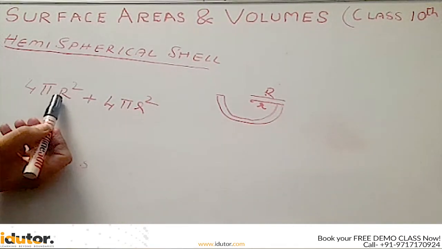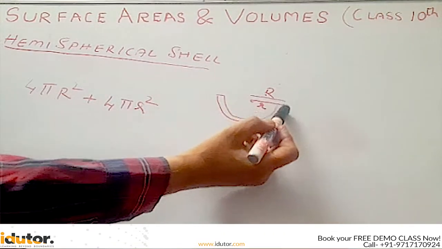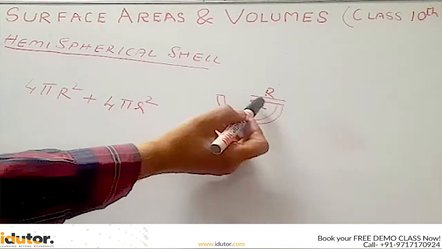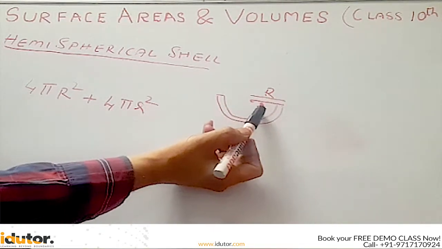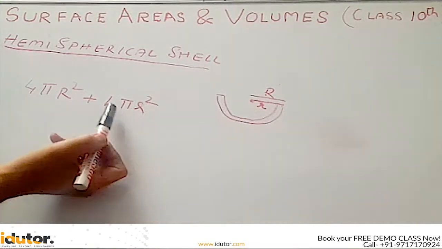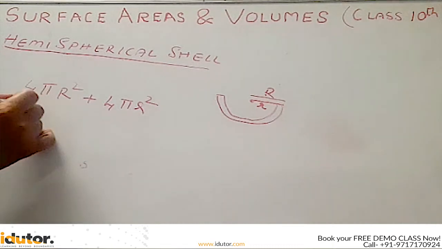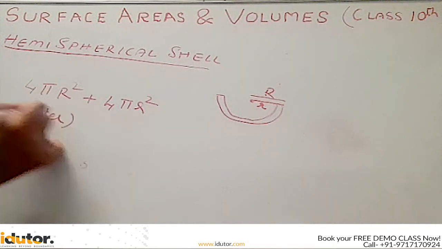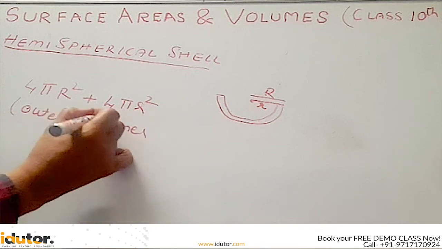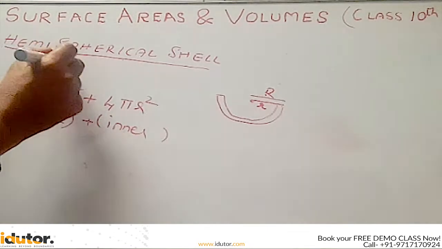Because we have the outer radius which is capital R. So we have the outer part surface area, and this is the inner part surface area because we have got the smaller radius. So therefore, the inner part surface area is this one. Outer part plus inner part, outer plus inner. So we get the total surface area. This is known as TSA.